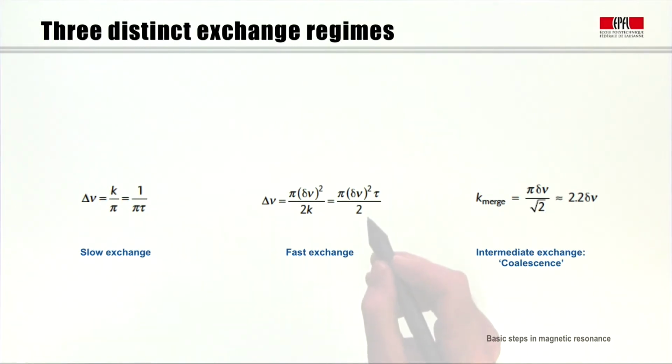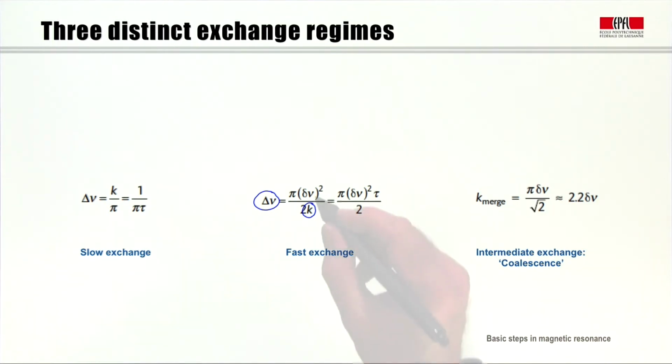In the fast exchange rate, we have an entirely different situation. In this case, the line width here is inversely proportional to the exchange rate. That means that the faster the exchange rate, the narrower the line.